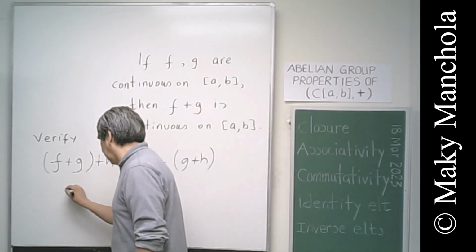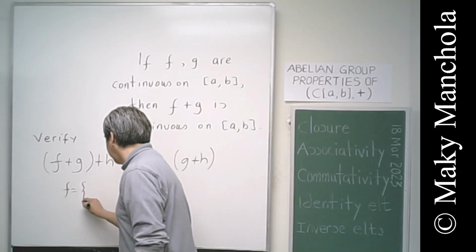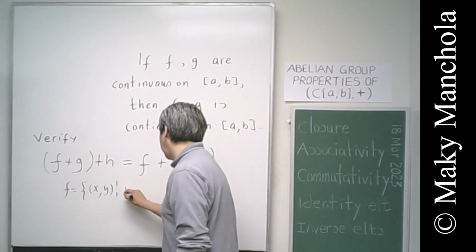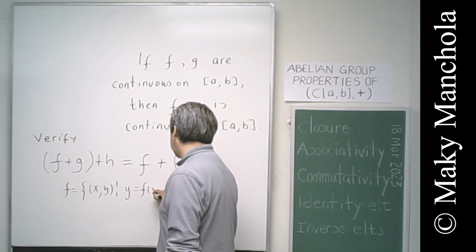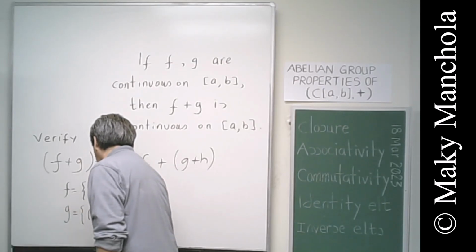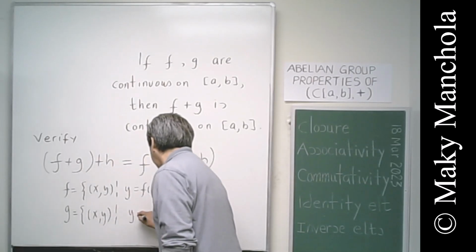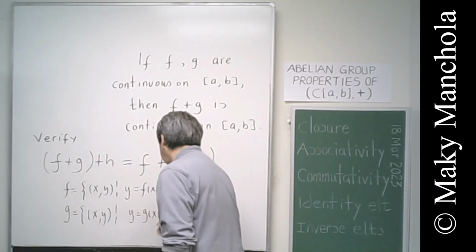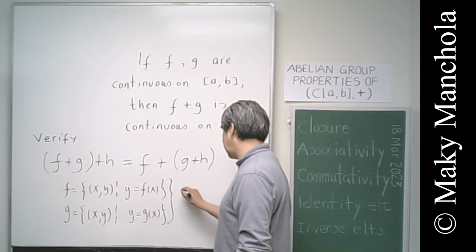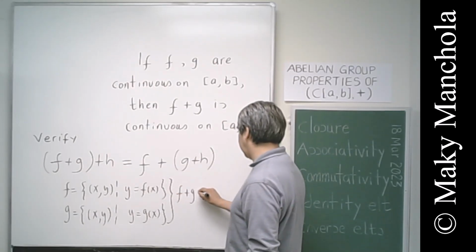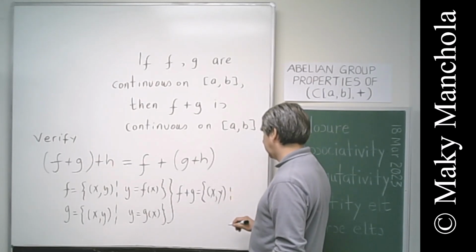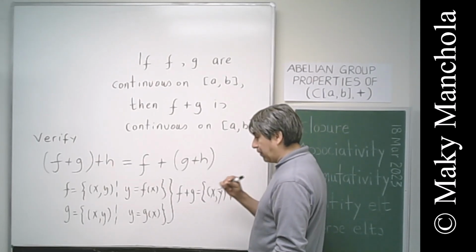Well, if f is the set of ordered pairs x, y such that y is given by f of x, and g is the set of ordered pairs x, y such that y equals g of x, then our definition of function addition says that f plus g is the set of ordered pairs x comma y such that y equals f of x plus g of x.